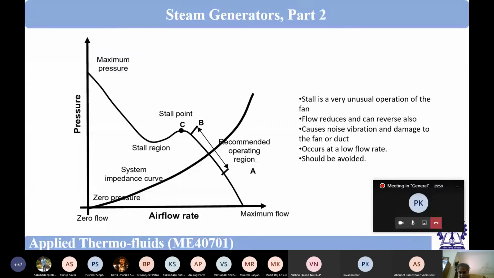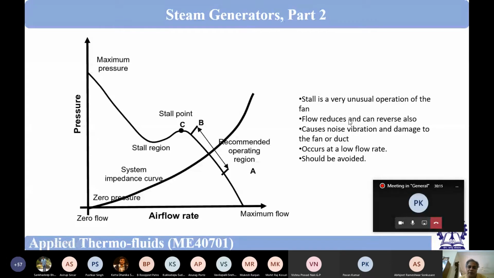Stalling is very detrimental for compressors, etc. So that's why stalling is important. For a fan it will not be that much, but even for an axial flow fan, stalling is there. So that's why I have mentioned it.